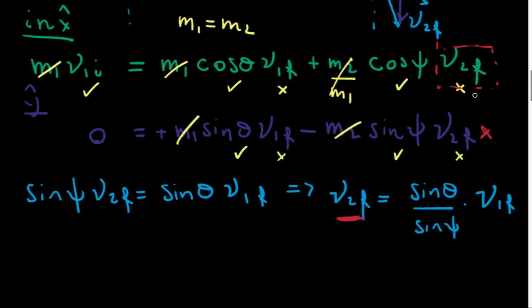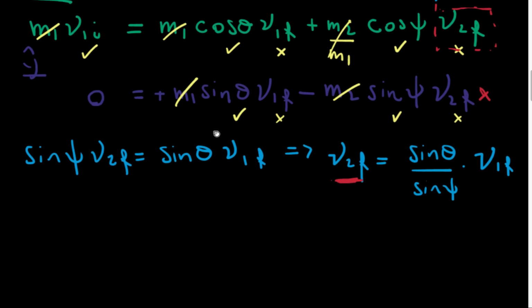You see that? Now, if you want some practice after you see this video, the one thing you could do is you could solve for V1 final, and then you could plug it in here and see if you get the same answer, because you should. It does not matter which variable you solve for first. You should always get the same answer.